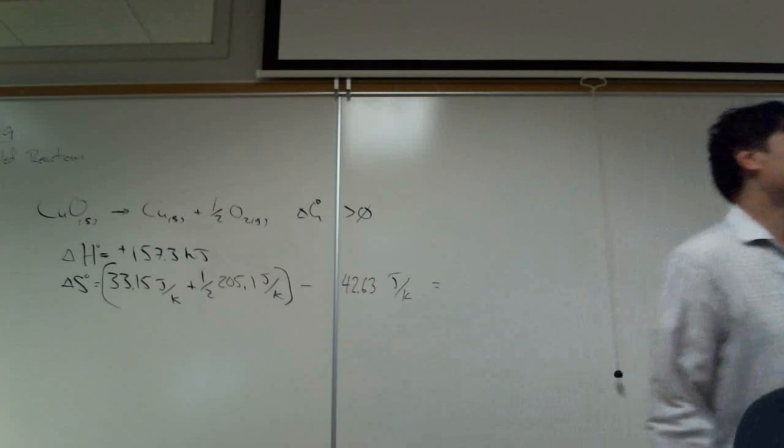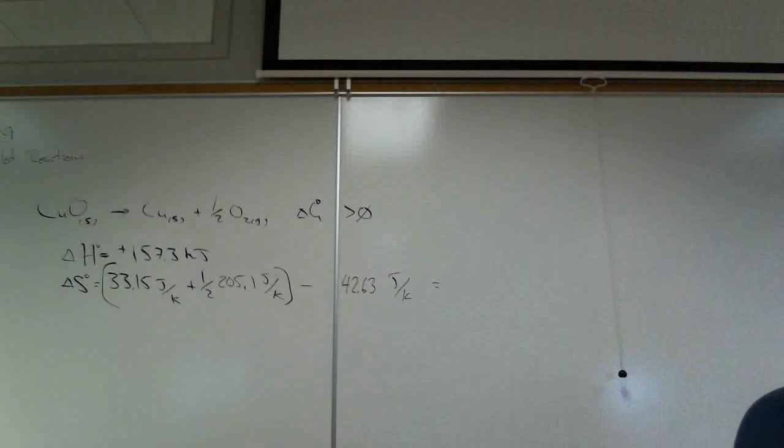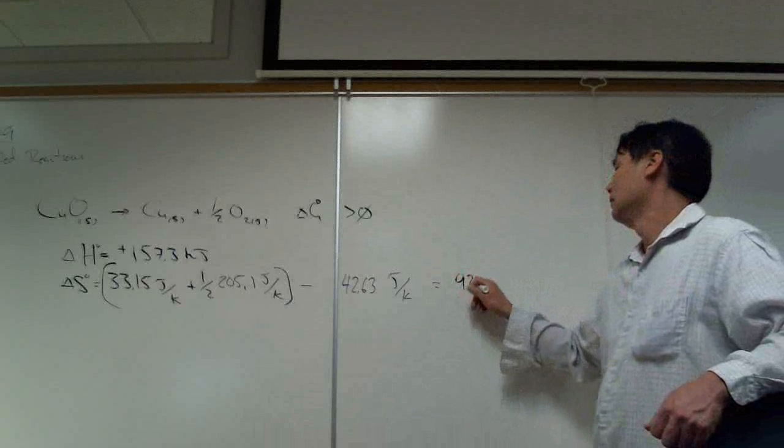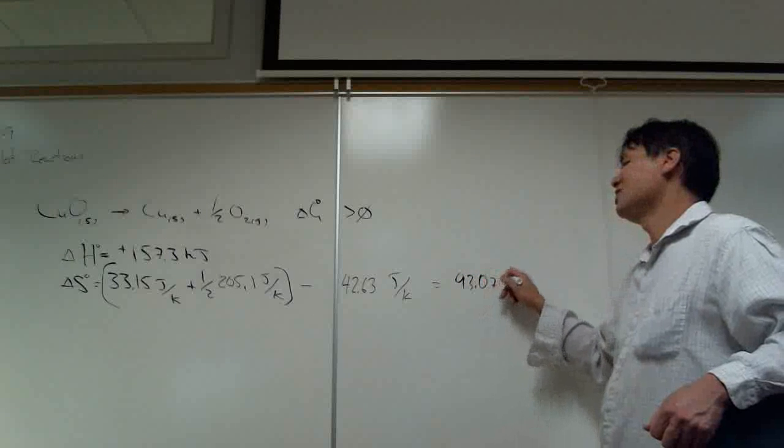So what does it come out to? 93.07 joules per Kelvin.